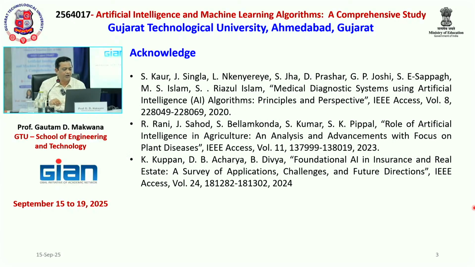Before starting, I will acknowledge these research papers that I have considered to make this presentation. I am very thankful to all these contributors who gave me the idea for making this presentation.